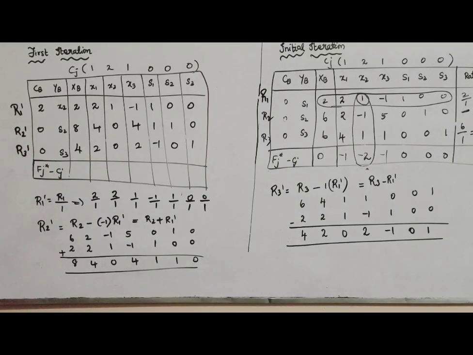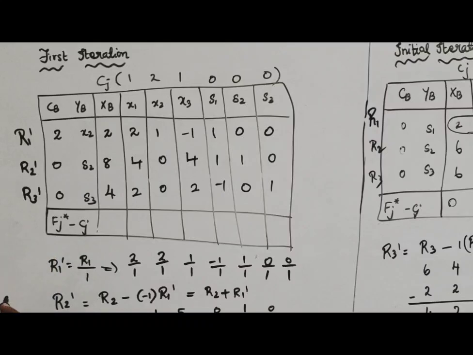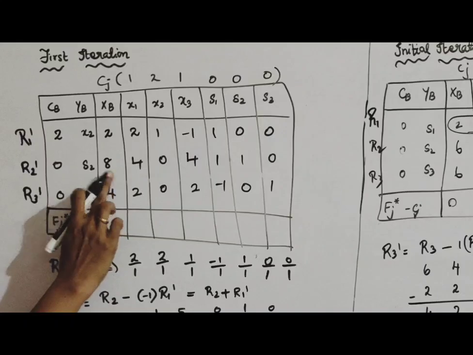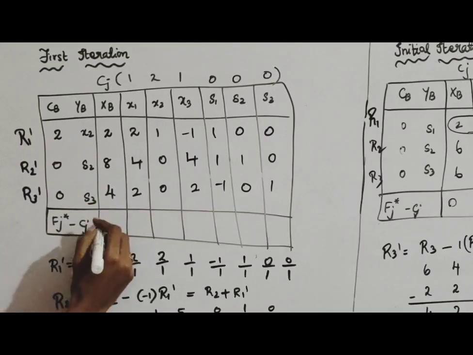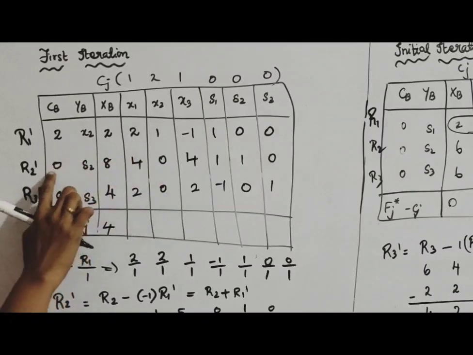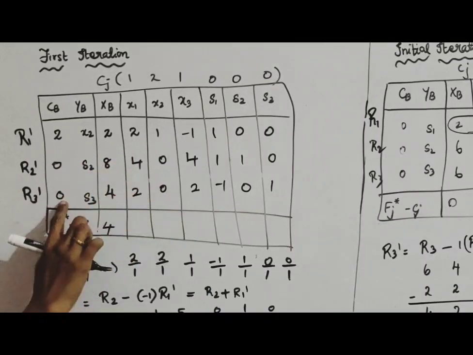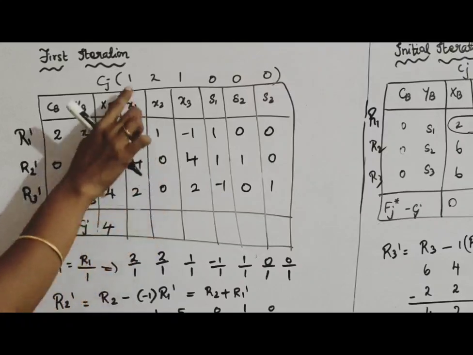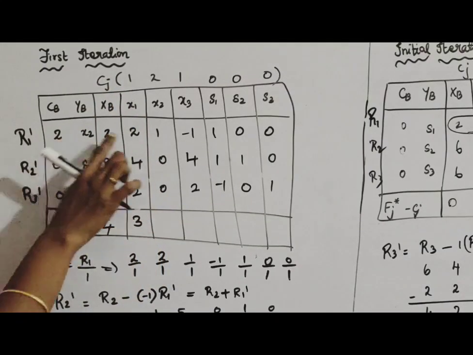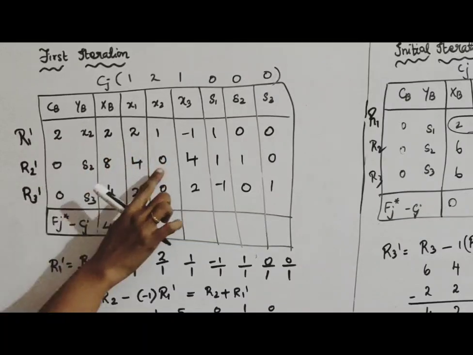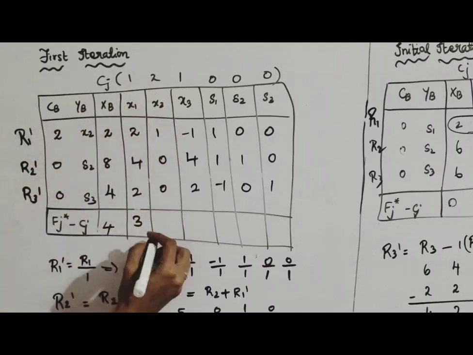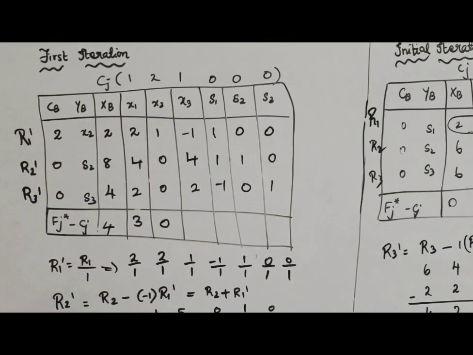Now, we have to find the xj star minus cj. 2 into 2, 4, plus 0 into 8, 0, plus 0 into 4, 0. That is, you are getting 4. 2 into 2, 4, plus 0 into 4, 0, plus 0 into 2, 0, minus 1, that is 4 minus 1 is 3. Next, 2 into 1, 2, plus 0 into 0, 0, plus 0 into 0, 0, minus 2, that is 2 minus 2 is 0.